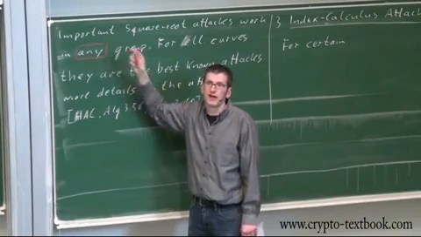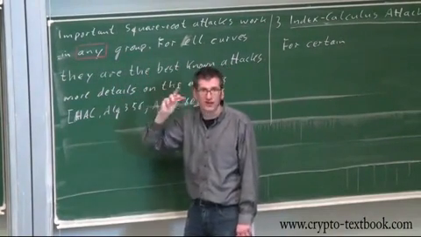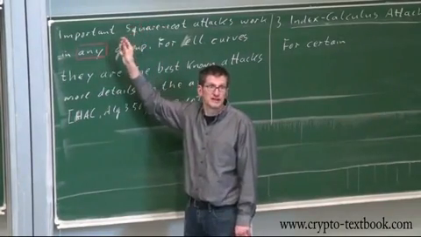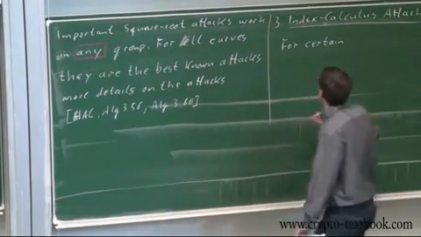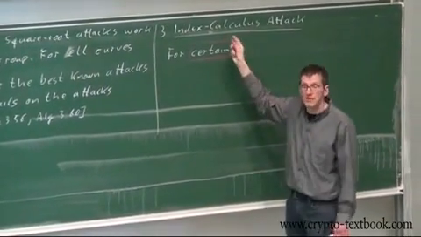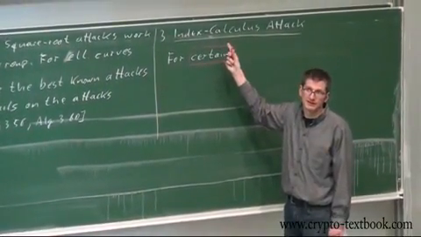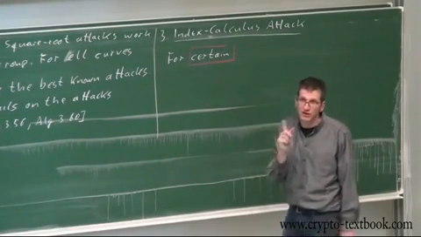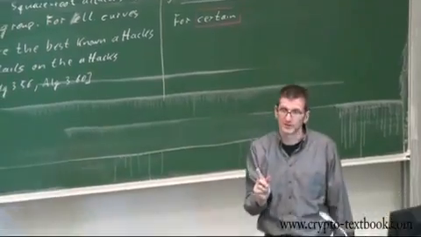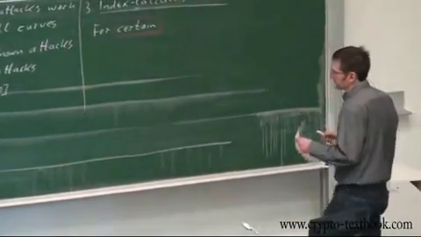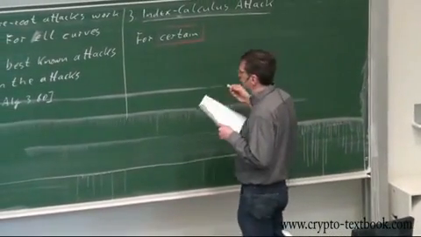This was for any group, for any discrete logarithm system, these square root attacks work, including elliptic curves. There are super powerful attacks out there, which are called index calculus. It's a whole family of attacks, but they only work against certain types of discrete logarithm problems. So they're not general attacks. They're only specific to certain groups.